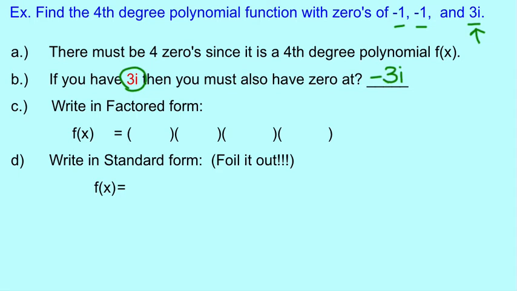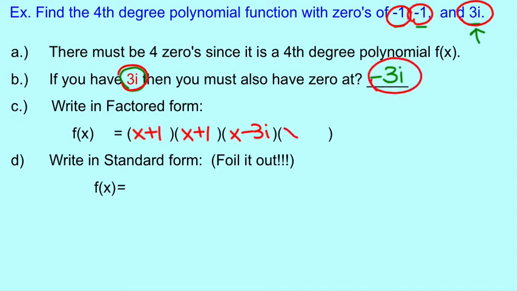So the next step is to go ahead and write those all in factored form. So you think opposite. So opposite would be x plus 1. Opposite would be x plus 1. Opposite would be x minus 3i. Opposite would be x plus 3i.